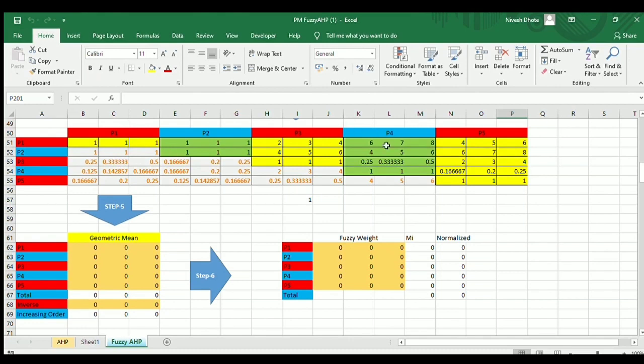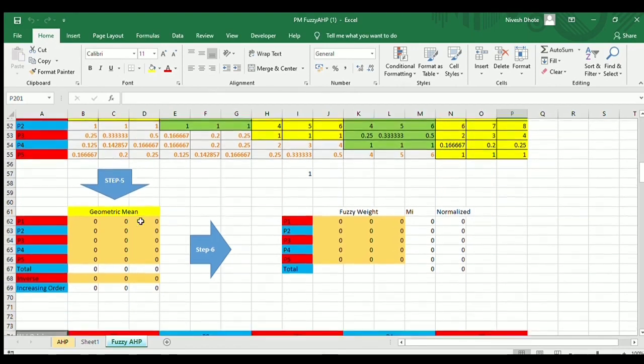What we have seen at every place is that the value goes in increasing order only, like 2 3 4 5 6. So here also it should follow the same pattern. In 2 3 4, 4 is greater than 2, but if we take the inverse, then 1 by 4 is less than 1 by 2. That's why we are making it reverse here.